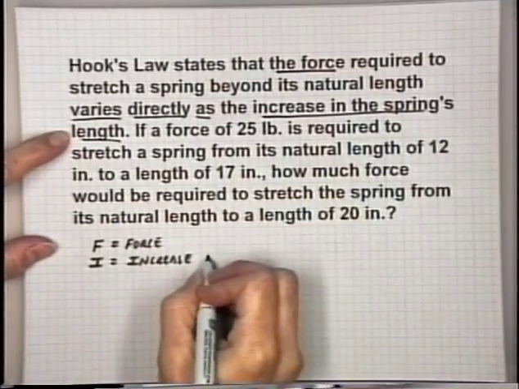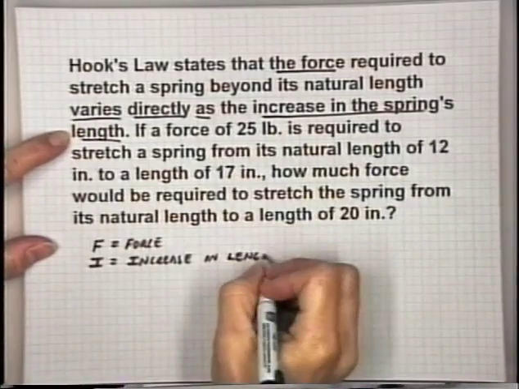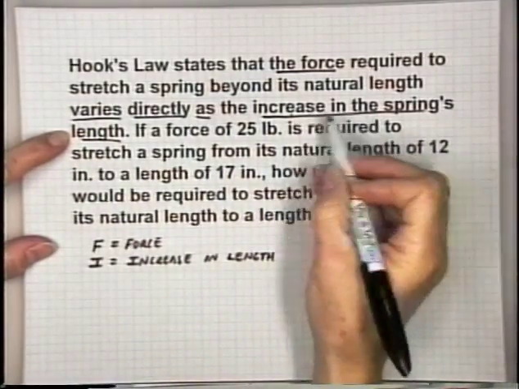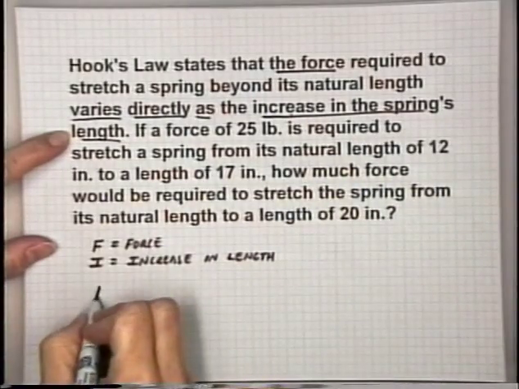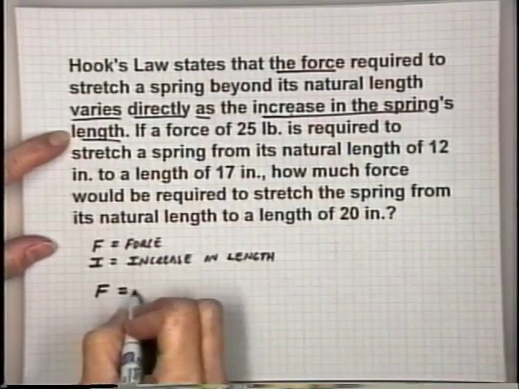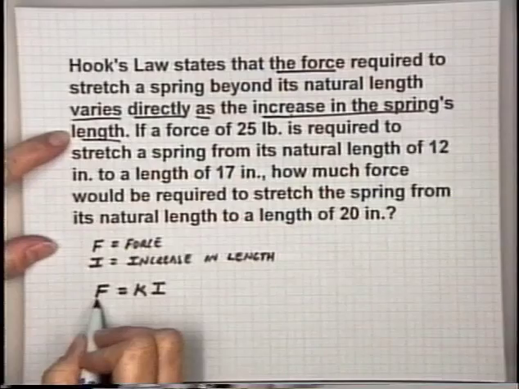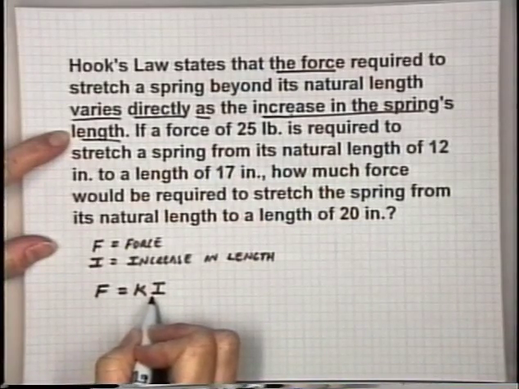Now, notice that I did not say length here because it's very important that you notice that it is an increase in the length, not just the length itself. So if the force varies directly as the increase in length, we have F equals some constant K times I.